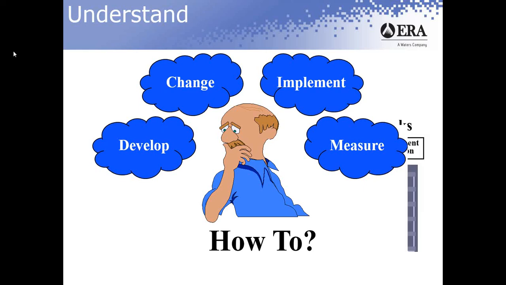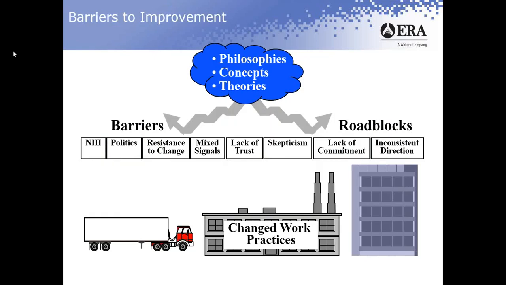So, you want to develop, you want to change, you want to implement, and you measure. And how do you do those things? Okay. Again, from the leadership standpoint, the whole purpose of leadership is to reduce these barriers. So typically, what are those barriers to improvement? You really have philosophies, concepts, and theories.